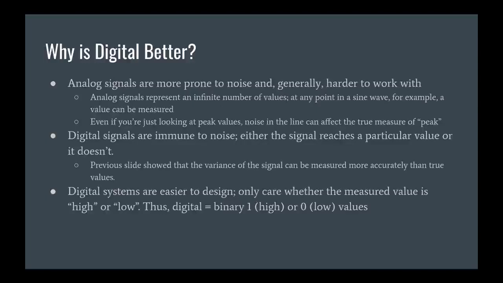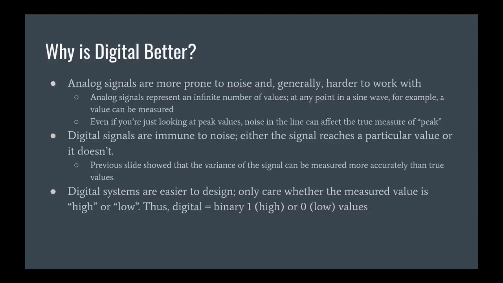Even if you're just looking at the peak values, line noise can affect the true measure of peak, which we just talked about. It could vary from 4.7 to 5.3, but the peak value you're looking at is 5. Because we are looking at discrete values at a point in time, digital signals are immune to noise.